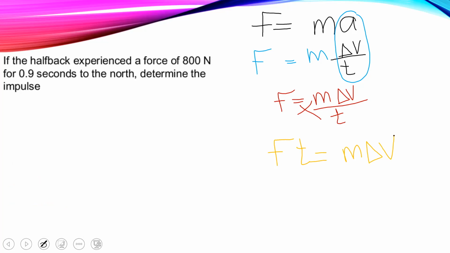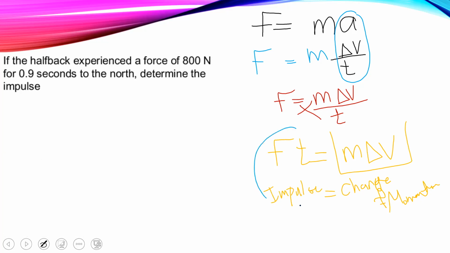Yes, teacher. Now, m delta v is what? A change in the momentum. A change of momentum we name impulse. So the formula of impulse is F times t. That's what you want? Yes. Okay, teacher, thank you so much.